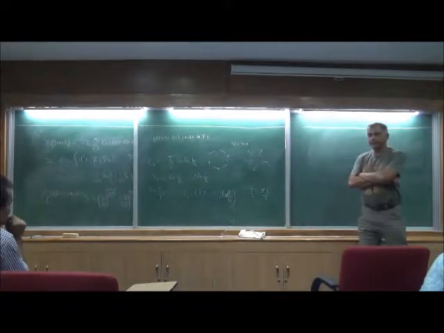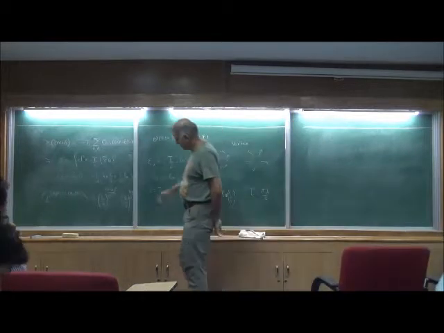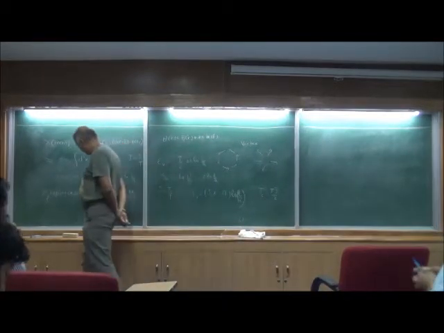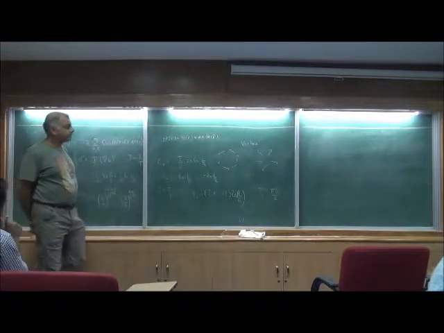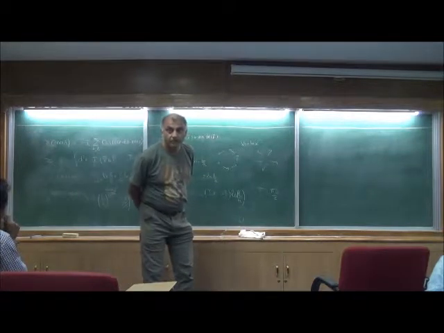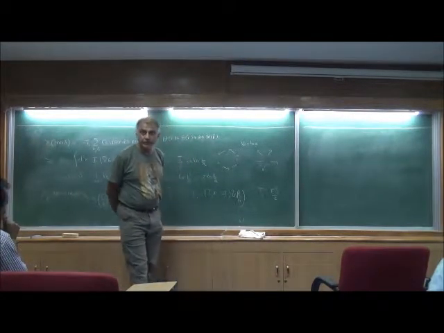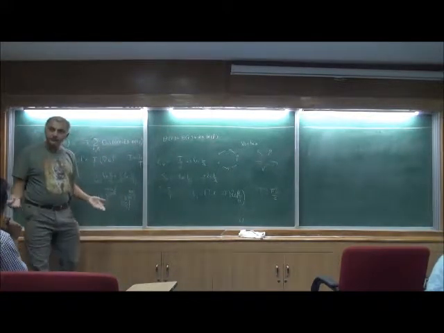Any questions? Yeah. In that case, you are saying that this expectation value is identically 0 unless n1 is equal to minus n2. So what happens if that is the case? Then n1 is equal to minus n2, and you get a non-vanishing value, and that's exactly the power law decaying correlation.